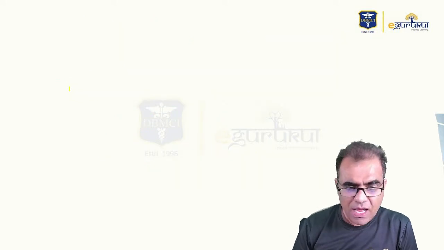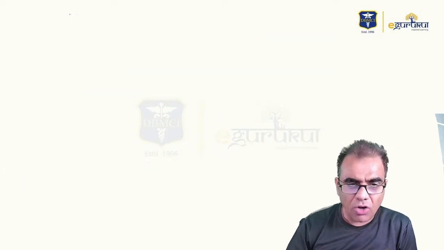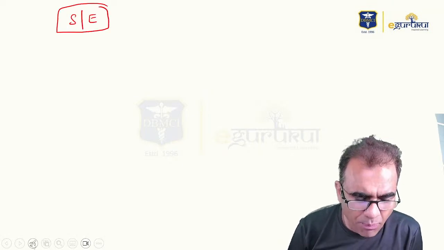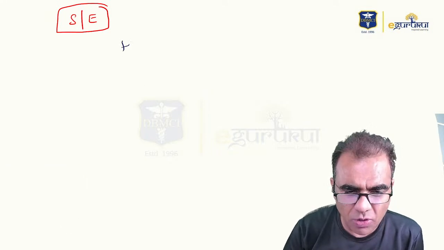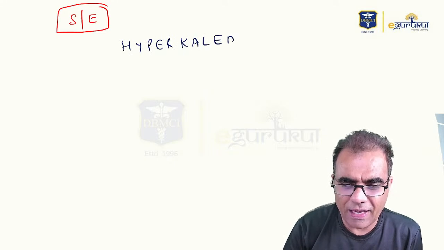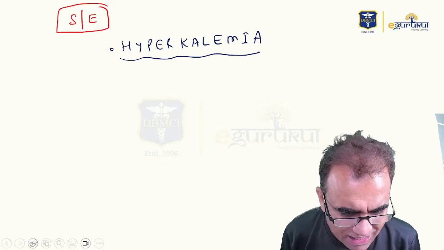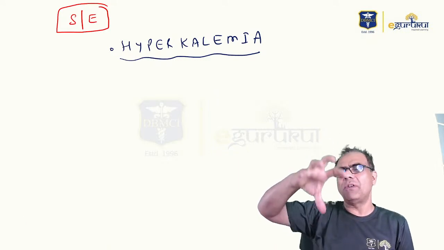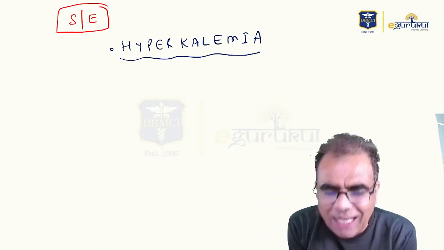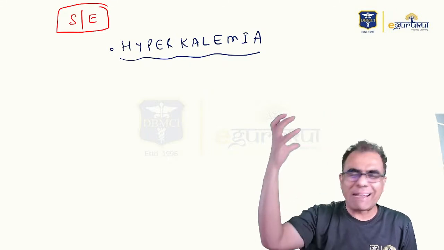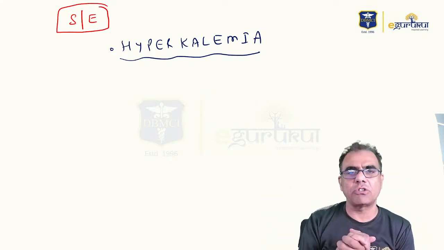The most important side effect of succinylcholine is hyperkalemia. Why? Succinylcholine is a depolarizer, which means it acts exactly like acetylcholine, binding to the same receptors and producing muscle contraction in all body muscles, which you can see as fasciculations.